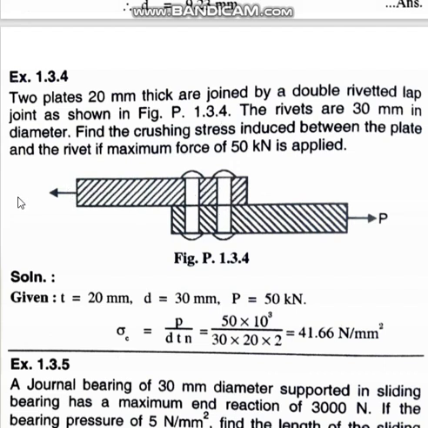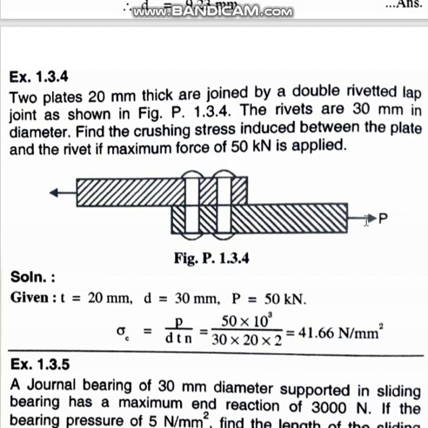If you are pulling it like this, the rivet is in the way, so this plate will be crushing this rivet. You see, the plate is being pulled, the rivet is there. So what will happen at this surface? At this surface, crushing will take place, and also again at this surface. On the upper plate, here and here crushing will take place.